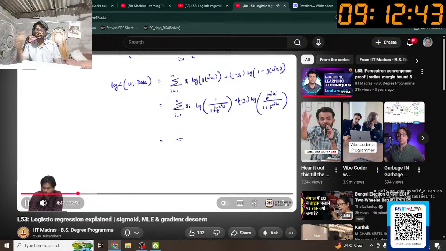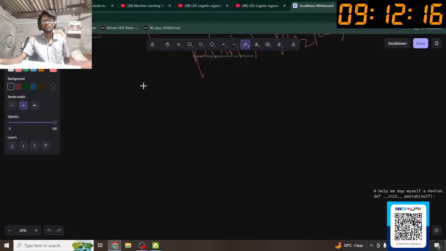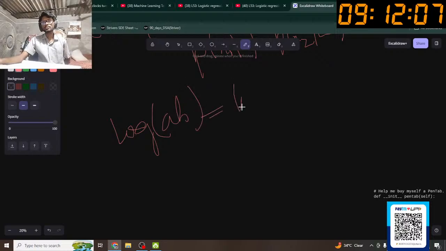So this can be written as, definitely, a property of log is that the log breaks the multiplication. Anything which is under the log in multiplicative form, what log will do is, I know you know this very well, if there is a log of ab, then it is log of a plus log of b.